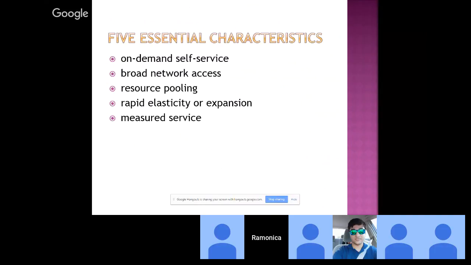Resource pooling allows the provider to share resources amongst clients. Rapid elasticity allows the client to quickly add or remove resources when necessary, so they can scale out or scale back at any time. And measured service allows the client's resource usage to be monitored so that proper billing is provided and so that resources can be optimized.